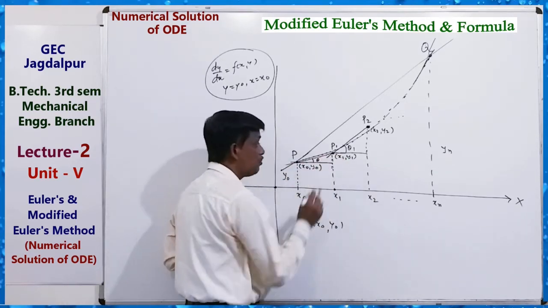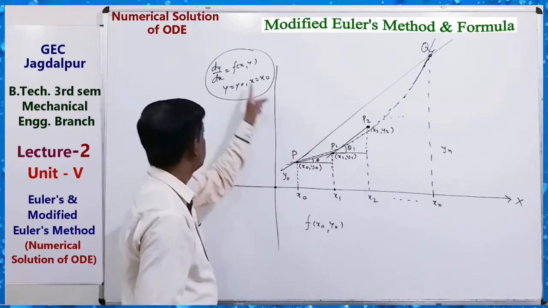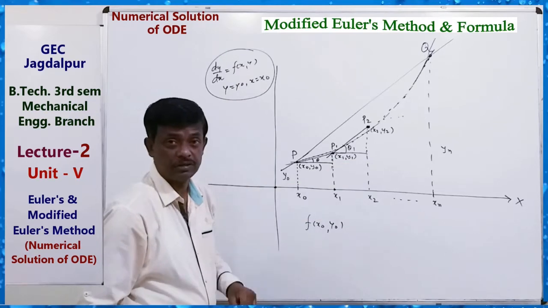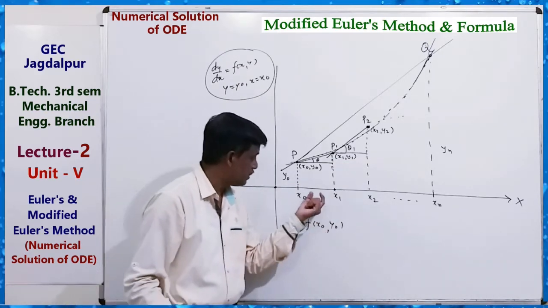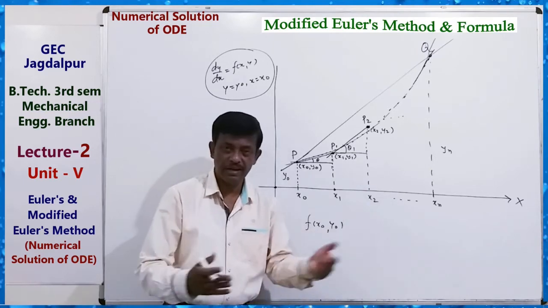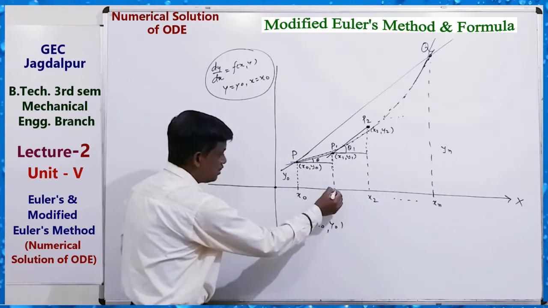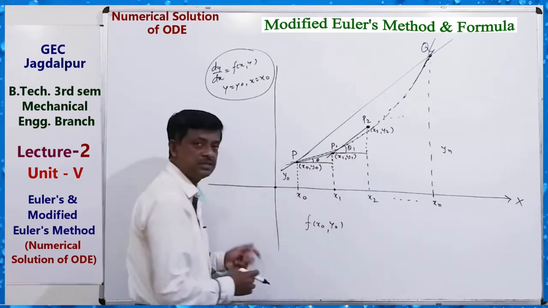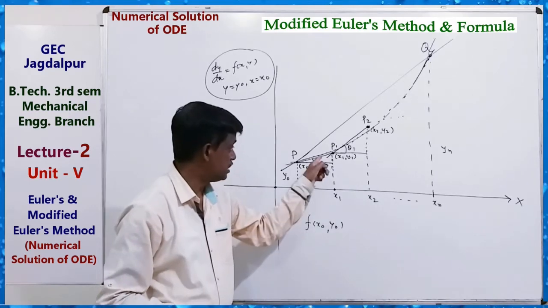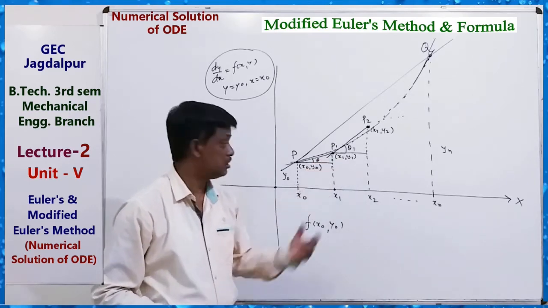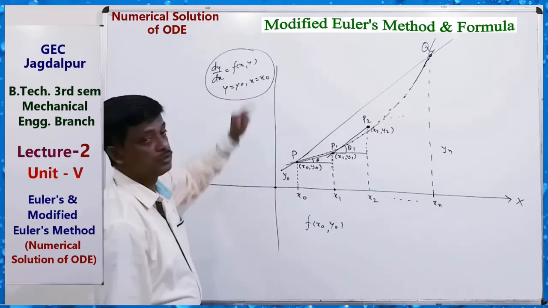Here also the slope of the tangent will be f(x, y) at the point x1, y1. We create this point x1 by dividing into some parts, and y1 is obtained from this tangent. So this is the point x1, y1. At this point, dy by dx equals what?